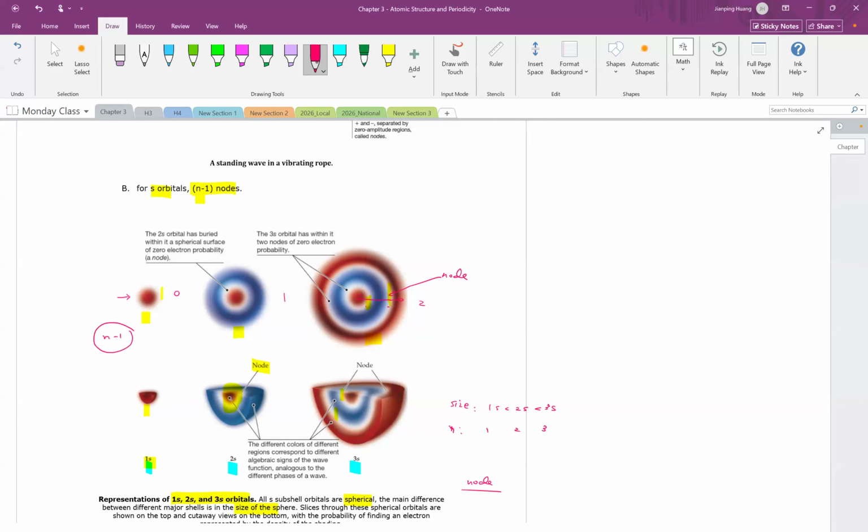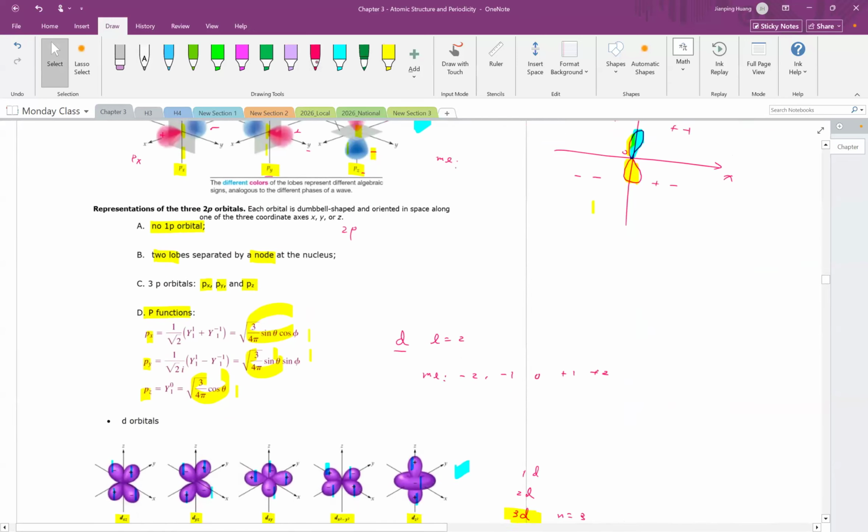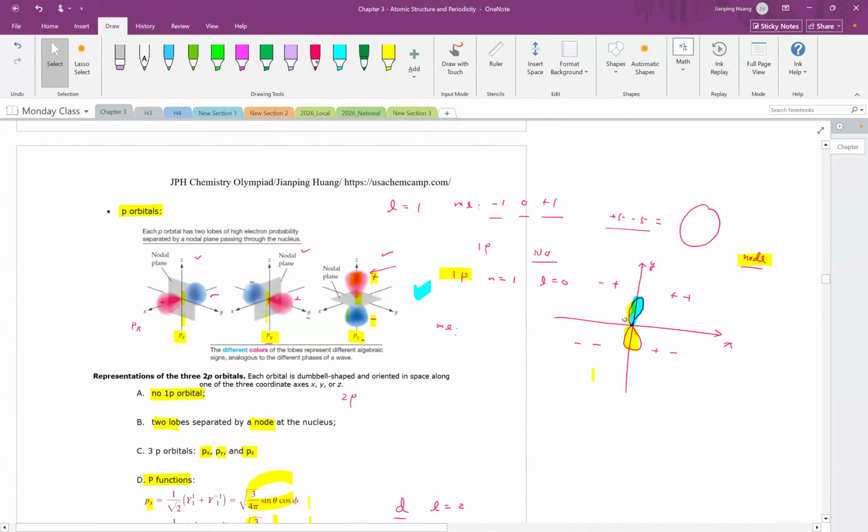Right, now go to next one. We'll go back to practice. Now, what are angular nodes? Basically, it's a plane, such as when you look at a p orbital. From this positive to negative, you cut, you get a plane. On this plane, the value equals 0.